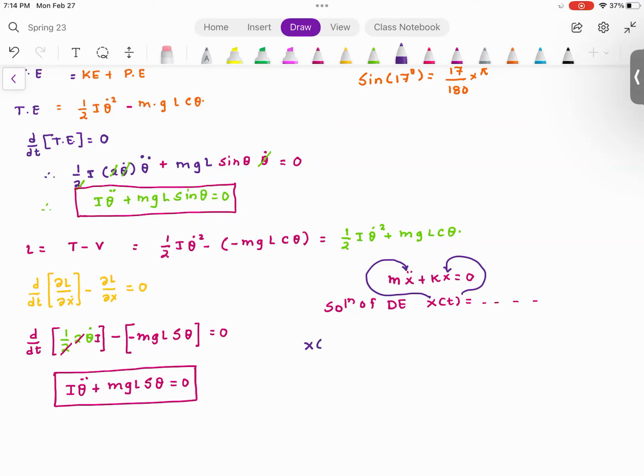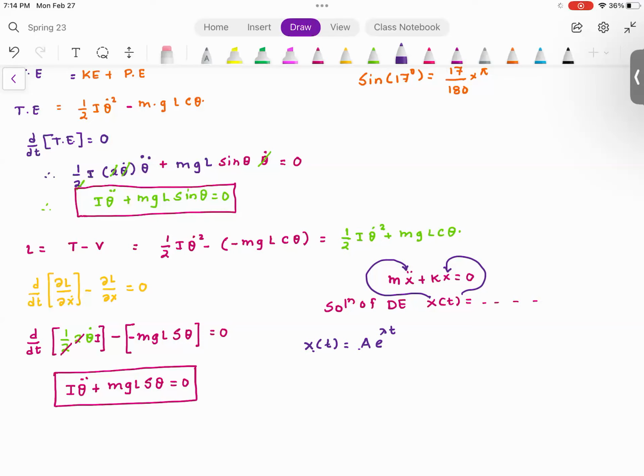So you have to assume x of t is equal to something like a e to the lambda t. Okay. And if I have x of t is equal to e to the lambda t, why do I use this equation?